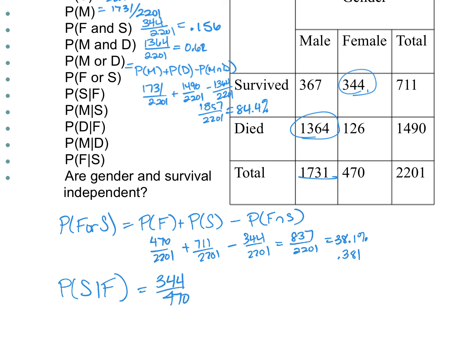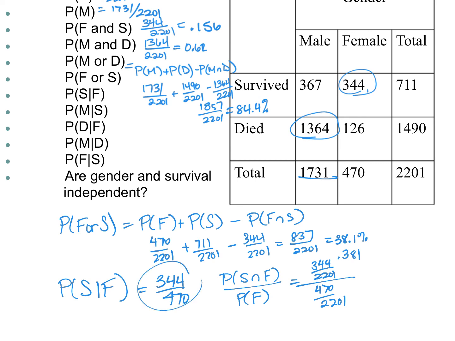If we used our formula for this, which is the probability survived and female, divided by the probability of female, that's 344 over 2201 over 470 over 2201. So our denominators cancel, right? And that's why we can just do this calculation.